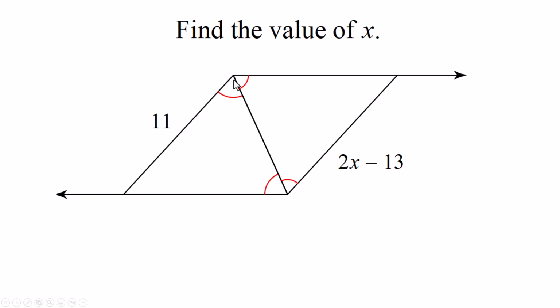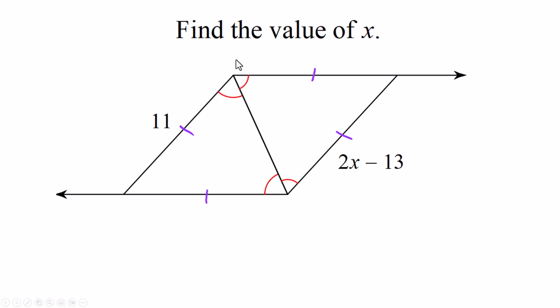All right, let's figure out what we got. If this is isosceles and these are the base angles, then this side and this side are equal to each other, and this one too. But they're all equal to each other in the whole diagram, you guys, because of these angles being the same. So whatever this side is, it's the same as this one.